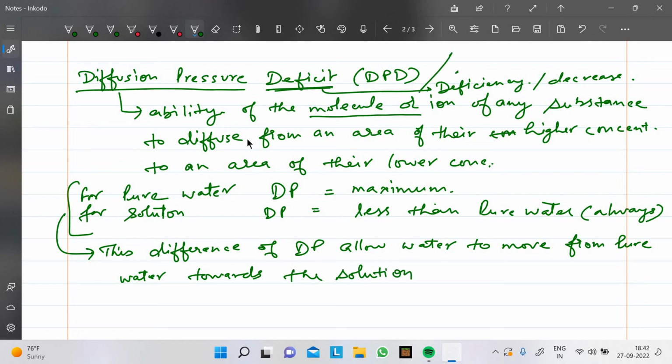Hence, DPD is also called suction pressure. Suction pressure. It drags the water towards itself. Because of this DPD, water drags towards the concentrated solution. Okay.